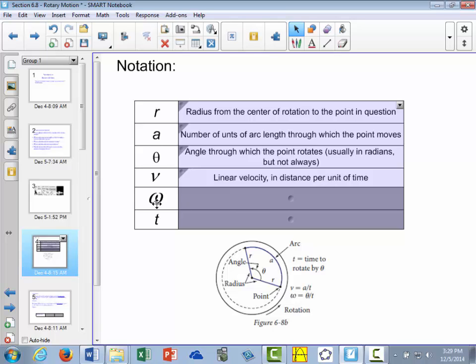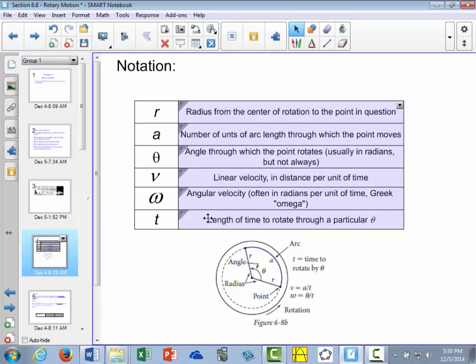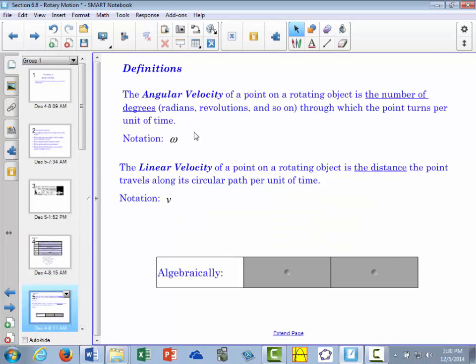This fancy W is also known as an omega, lowercase omega, and that will stand for the angular velocity, which often we measure in radians per unit of time, but it doesn't have to be radians. It's the Greek omega. And then T will stand for the length of time that we're using to measure this rotation through a particular angle. Okay? So now that we have our notation down, let's talk about some of the ideas.